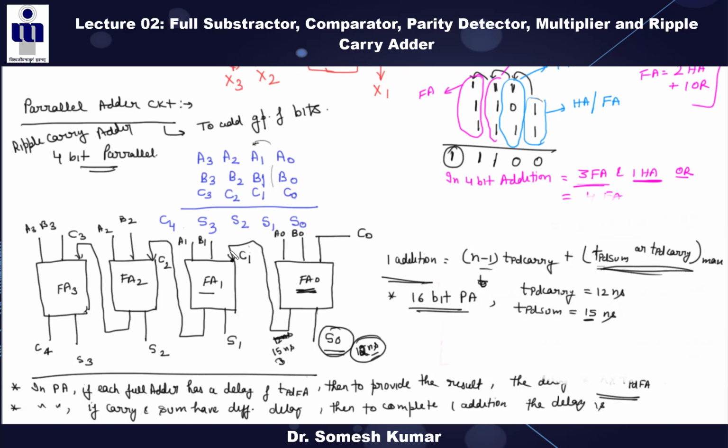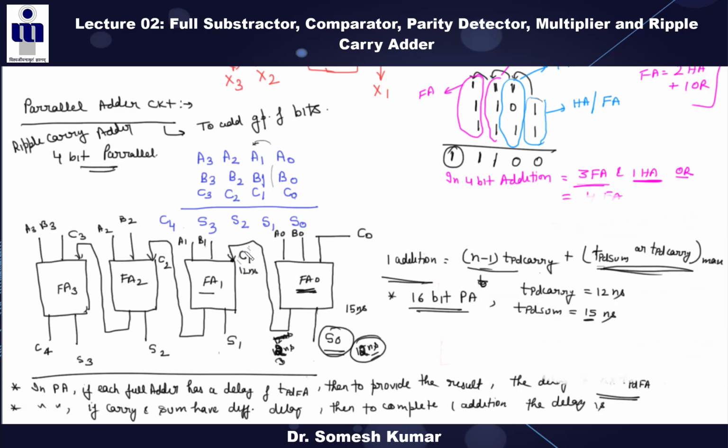And then again, this is n minus 1 TPD carry. Here I am taking this example: the sum you will get in 15 nanoseconds, and this carry you will get after 12 nanoseconds. In 12 nanoseconds you will get this C1, and then A1, B1 are available. After how much time will you get this S1? You get S1 only after finding this C1.